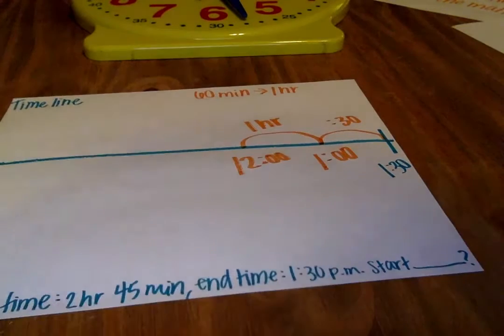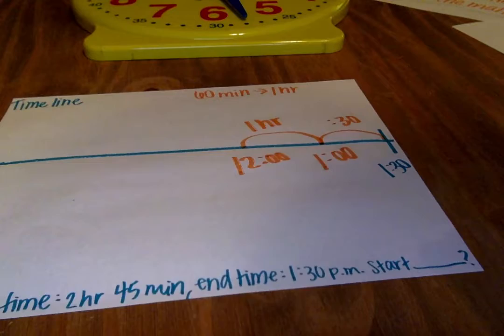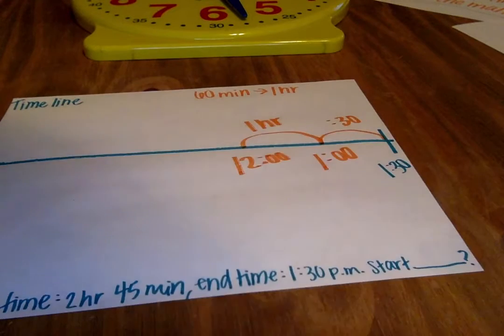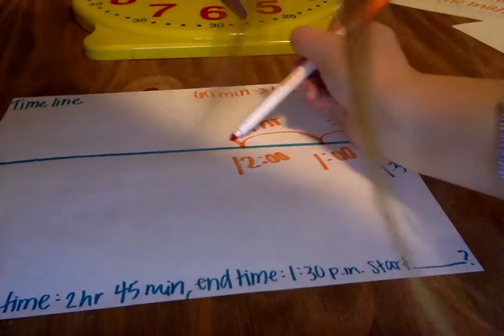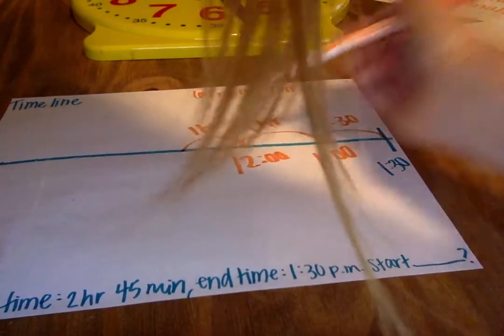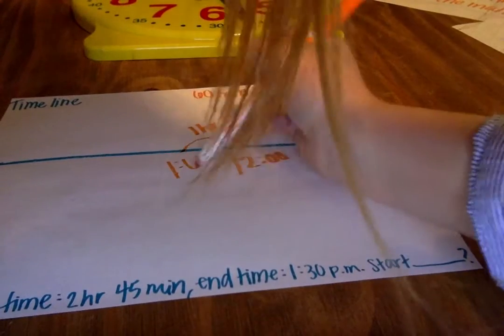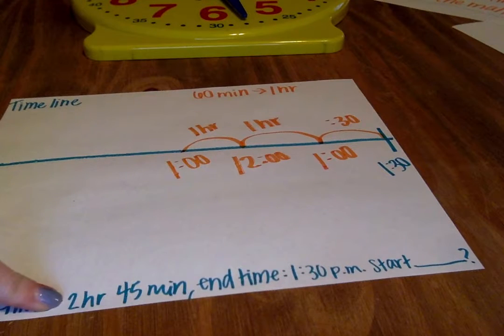So now, total, we have gone 1 hour and 30 minutes. And we still need to get to 2 hours and 30 minutes. So if I go 1 more hour, for another hour that has passed, we land on 11 o'clock. So now 2 hours and 30 minutes has passed, which is very close to our elapsed time, which is 2 hours and 45 minutes.